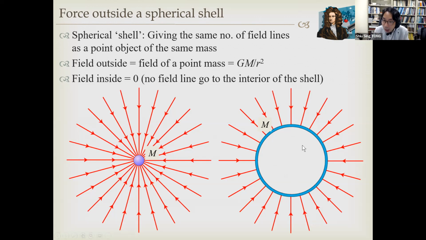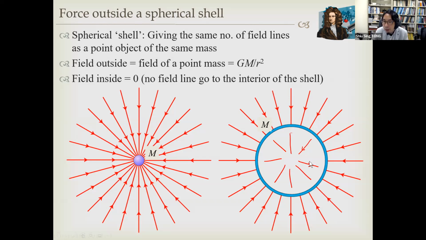So either it converges to the center or it diverges from the center like this. It may be something like this, or something like this. And it should be even in all directions.